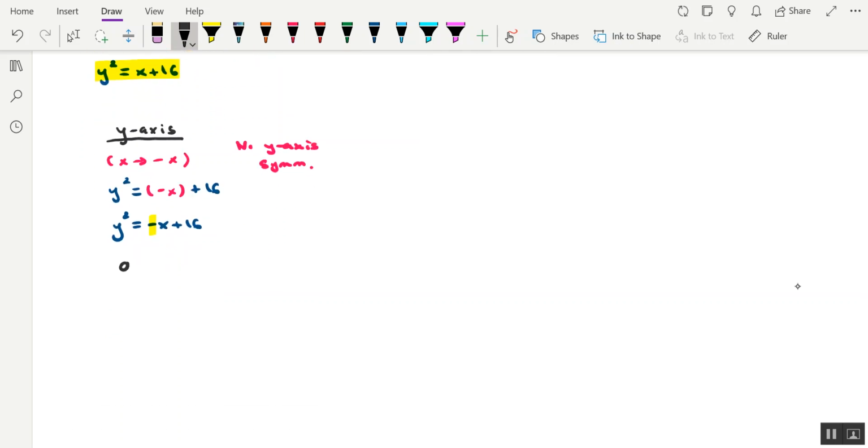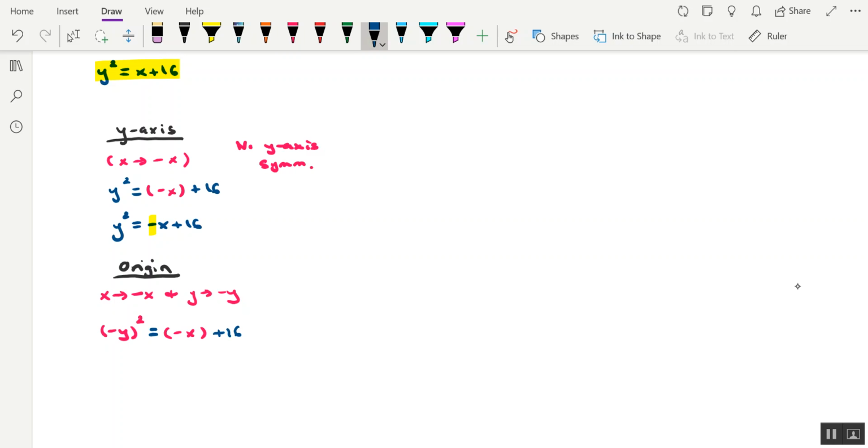Now for origin symmetry, we replace both variables with their opposite. So x will be replaced by negative x, and y will be replaced by negative y. So on the left, we'd have negative y quantity squared again. On the right-hand side, we'd have negative x plus 16.